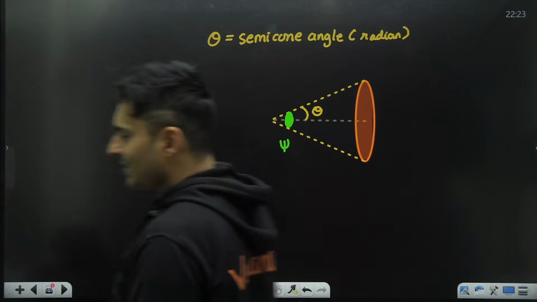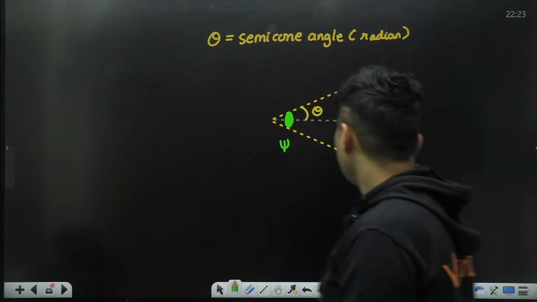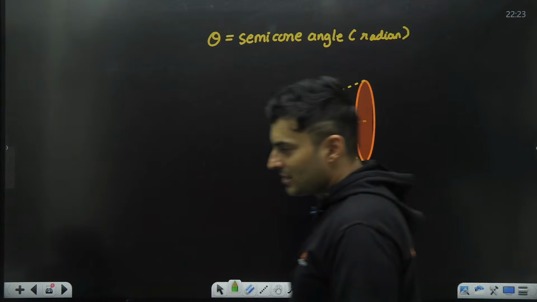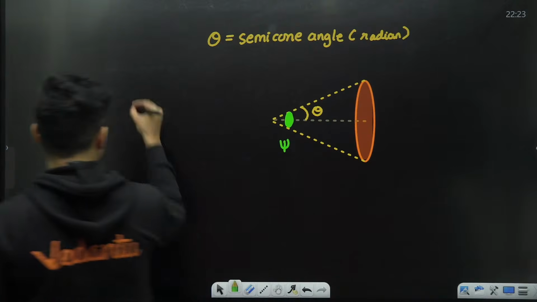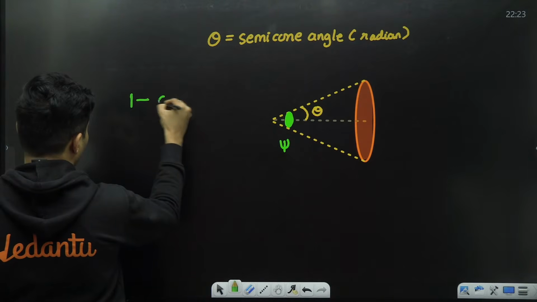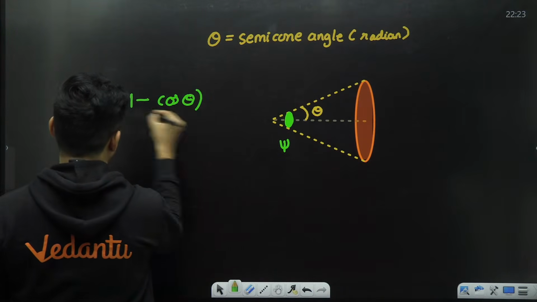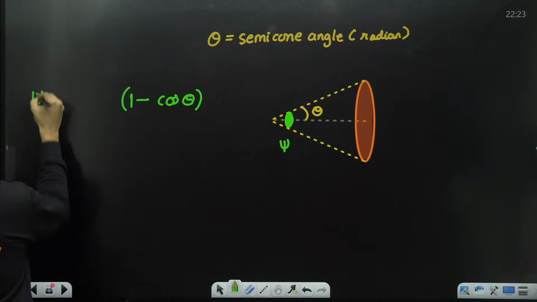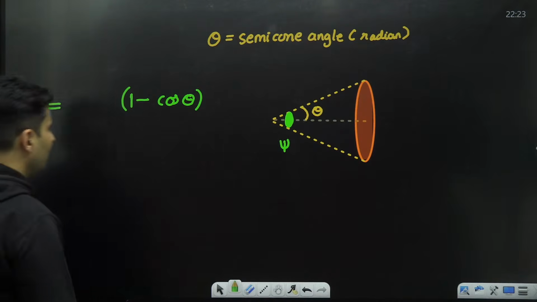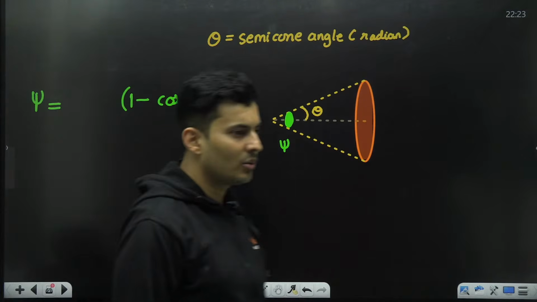Any guesses, guys? It will come in cos, and let me tell you, it will be something like 1 minus cos theta over here, and there is some number which is going to be there. What number could it be?